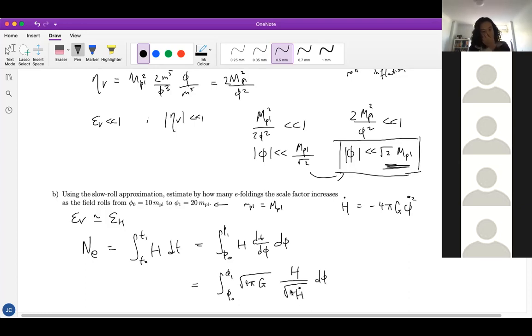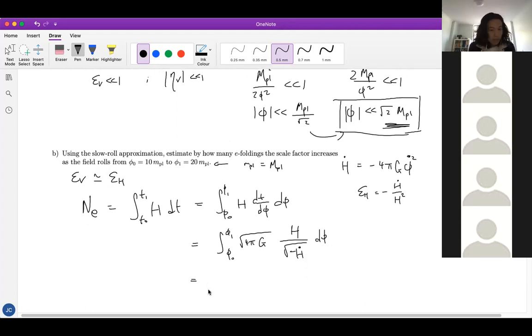d phi. This looks a bit weird, but don't worry, because when we use the epsilon h definition, this thing is minus h dot over h squared. So you can sub this out as the square root of epsilon h and not have to deal with anything that's actually imaginary.